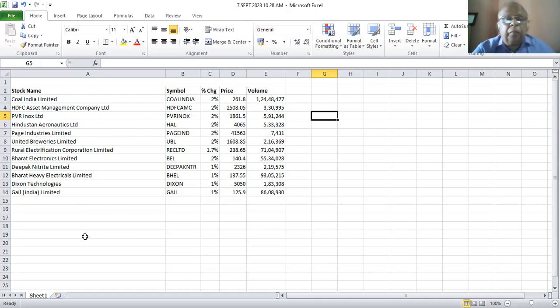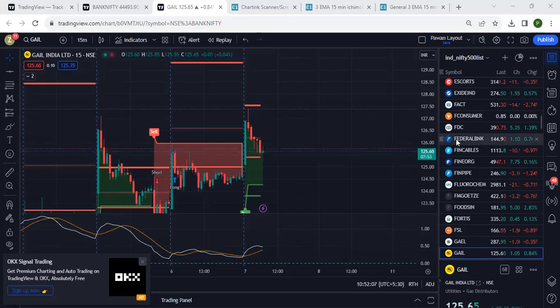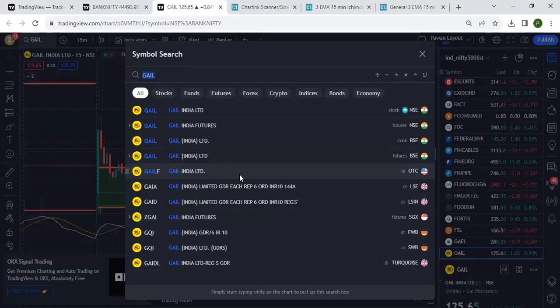First is Coal India. Just select Coal India.